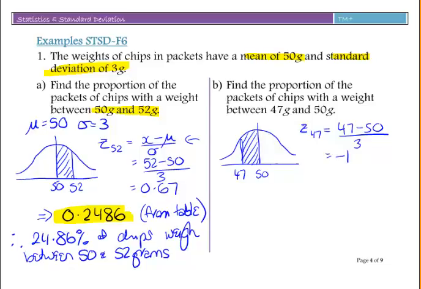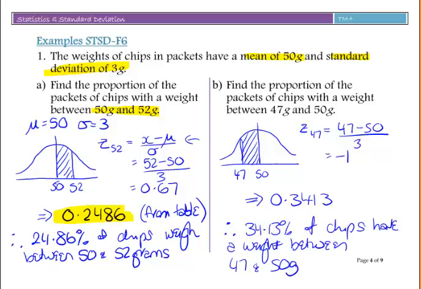So you might realise that my answer is actually 34%. If you go to the table though and look up a Z score of -1, you'll get a proportion of 0.3413, which is approximately that 34%. Finish with a therefore statement. So you have therefore 34.13% of chips have a weight between 47 and 50 grams.